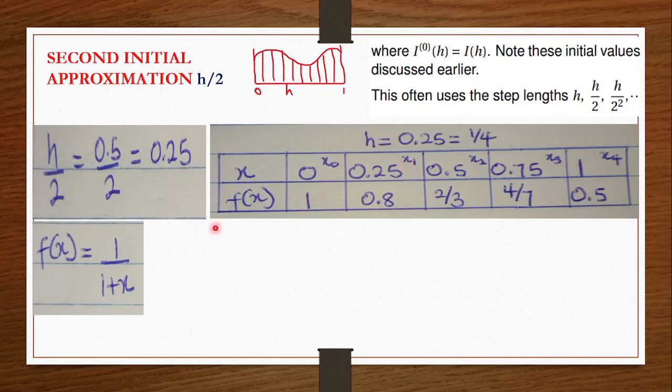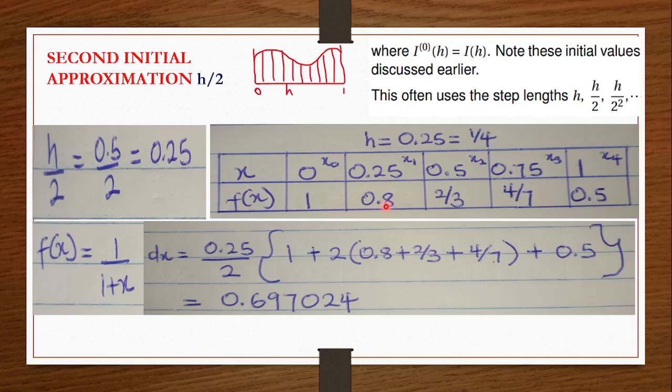Then we put the x1 again to where the x is, to get our f of x1, put the x2 here to get our f of x2, put the x3 inside here to get our f of x3, then put this x4 value, which is 1, inside this formula here to get our f of x4.